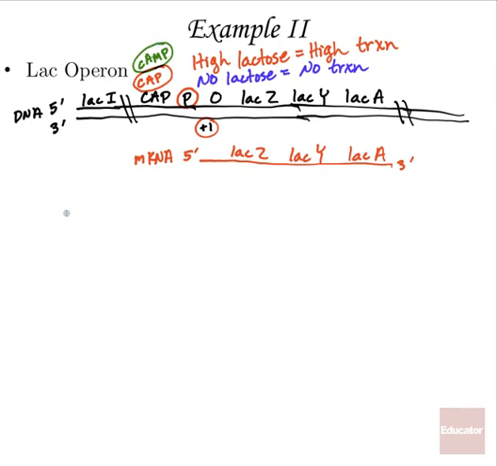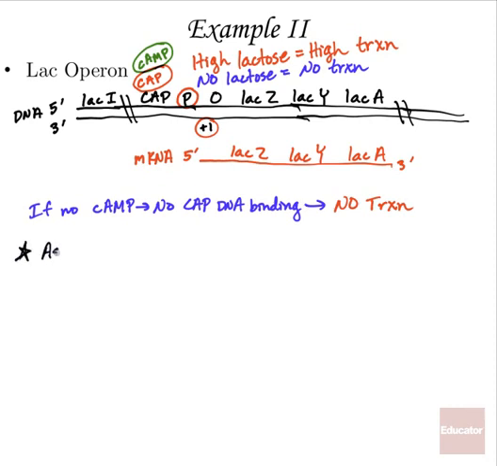If there is no cAMP, then we have no CAP DNA binding, which means we have no transcription.